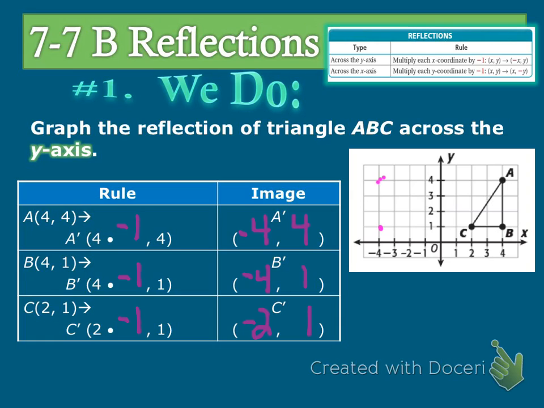And -2, 1 is going to be right there. And now you're just going to take and draw your lines. And that's going to be your transformed figure. Here's your A prime, B prime, and C prime.